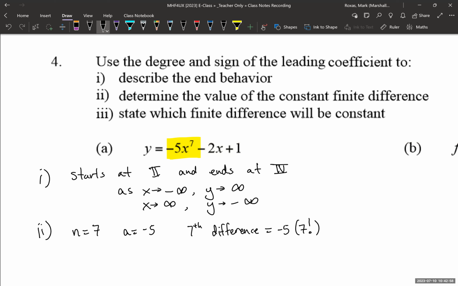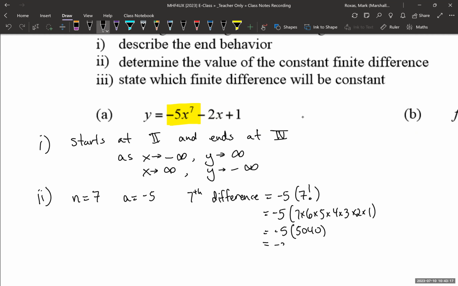So negative 5 times 7 times 6 times 5 times 4 times 3 times 2 times 1. Well, that's going to be a big number. I think it's 5,040. And when you multiply that by negative 5, you get negative 25,200. Very big finite difference.